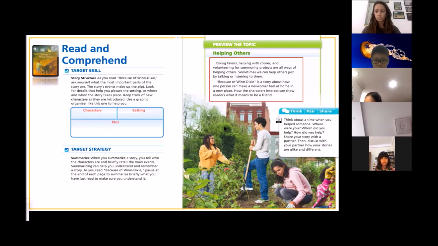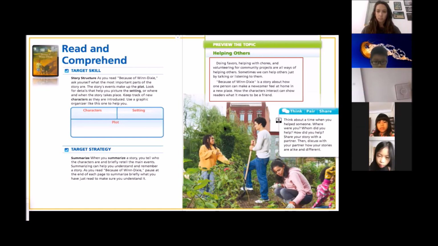Sometimes we can help others just by talking or listening to them. Because of Winn-Dixie is a story about how one person can make a newcomer feel at home in a new place. How the characters interact can show readers what it means to be a friend.